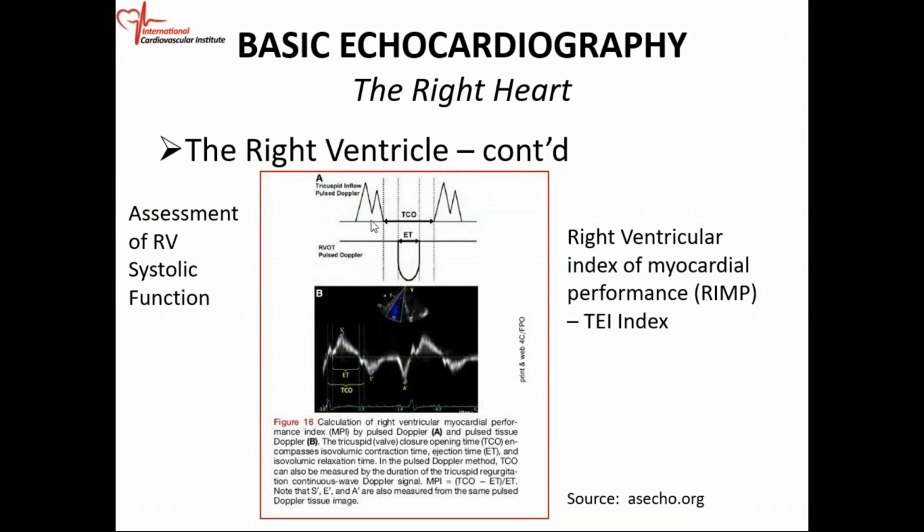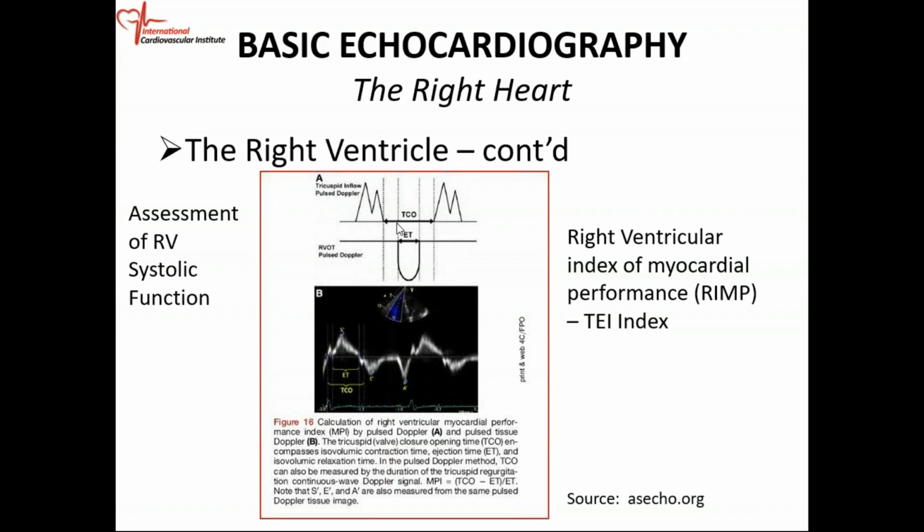So this is when the tricuspid valve opens, you're going to get suction of blood giving your E velocity. Then the atrium contracts, you have an A velocity, then the tricuspid valve closes.